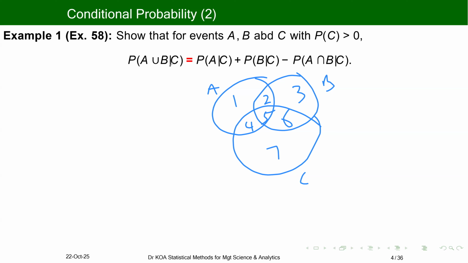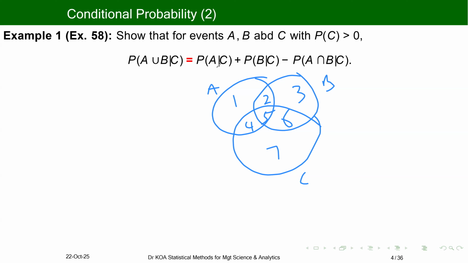So if there was no C, that is what the situation would have been. Now, the A union B given C is the formula that you see here, the probability of A given C. Now, why is A given C?